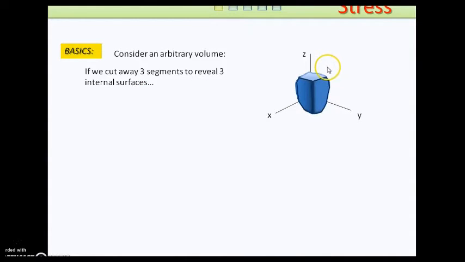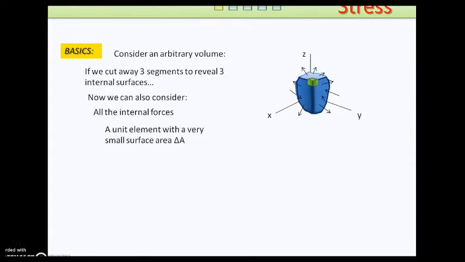Where if we cut this 3D arbitrary shape and we reveal 3 internal surfaces, we can see that a whole internal network of forces exist. And rather than considering the whole volume itself, we can isolate just one elemental volume here that is a unit representation of the forces acting on the whole volume itself.